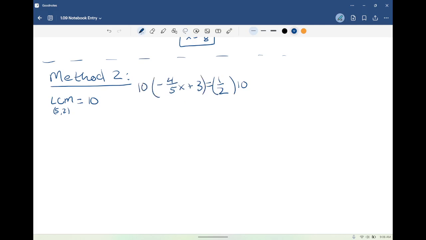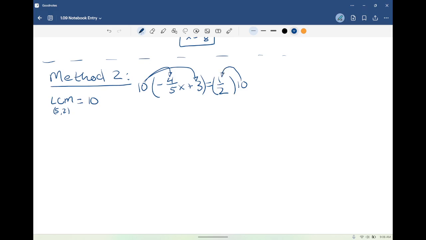And so I'm going to have a 10 and a 10. Now, I'm putting the original equation in parentheses because I essentially have to now distribute this 10. On the left, it needs to go to the 4 and to the 3. On the right, it needs to go to the 1.